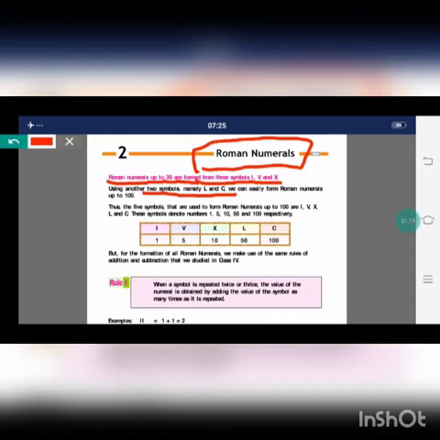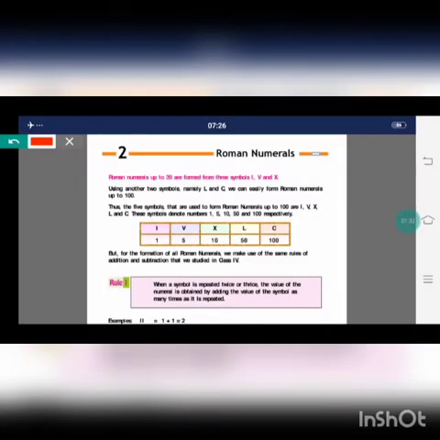So, to write down Roman numerals, we use 5 symbols. And what are the 5 symbols? The 5 symbols are I, V, X, L and C. These 5 symbols are used to write down Roman numerals.